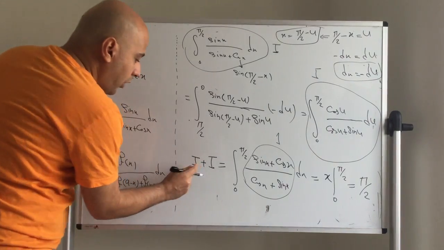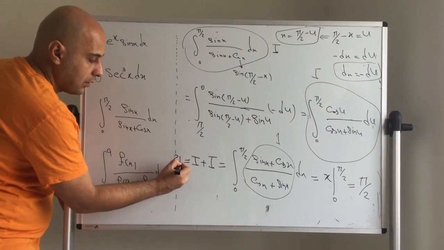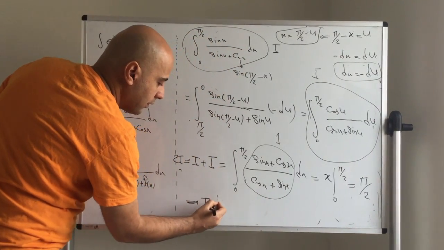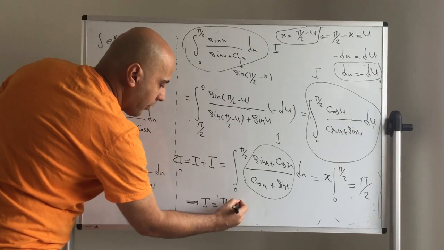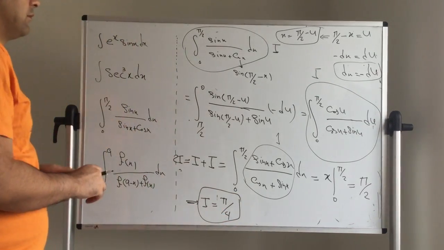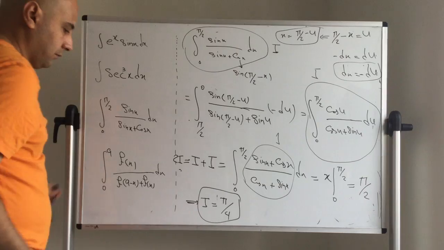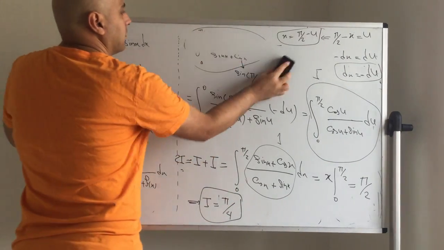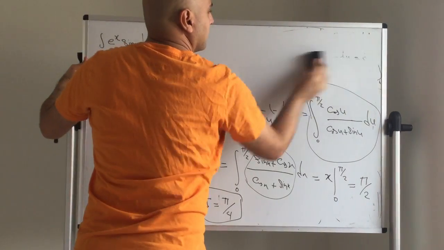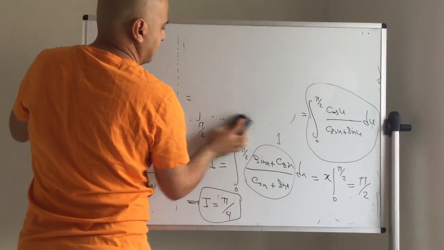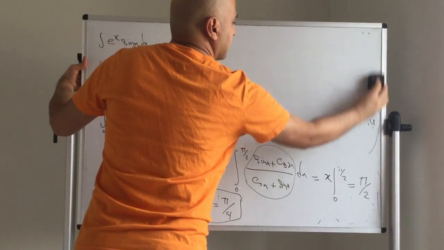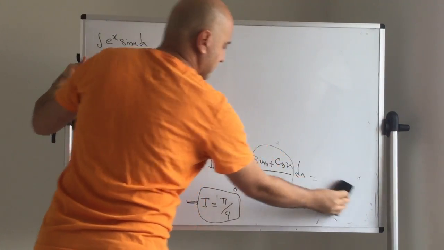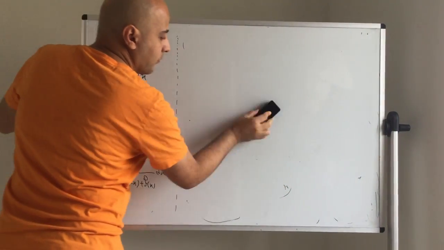But 2I equals pi over 2, so I is pi over 4. So we are done.